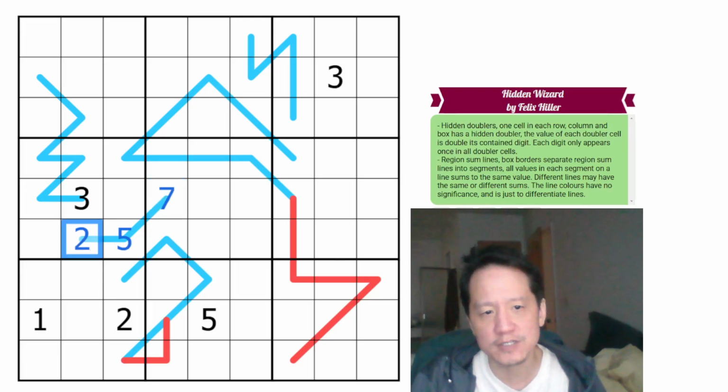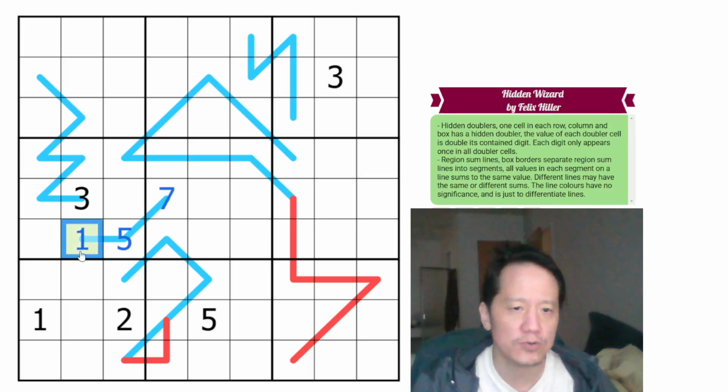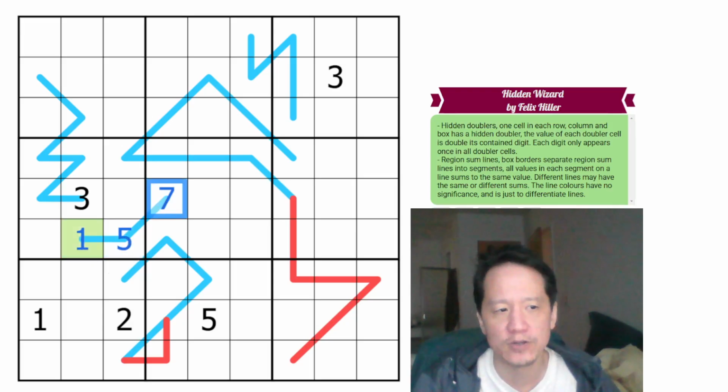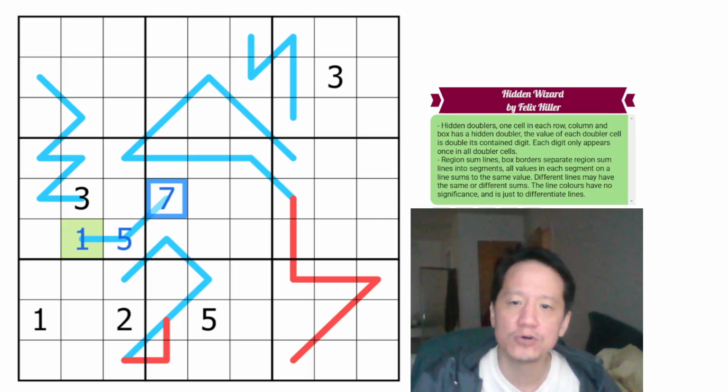If this were, say, 1 doubled, which is still a value of 2, and this is 5, this would still have to be 7, right? Because the value of 2 plus 5 adds up to a value of 7. And that's how region sum lines work. And those are all the rules.